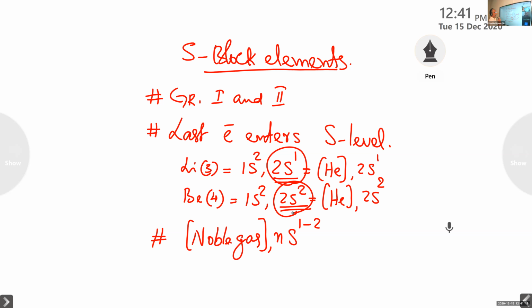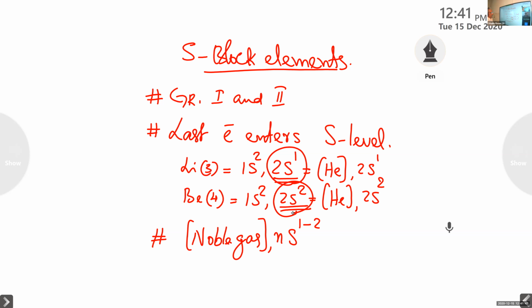So in the s block elements, while we write the electronic configuration, the last electron enters the s level. The s level is the valence level. And these are the elements of group 1 and group 2.